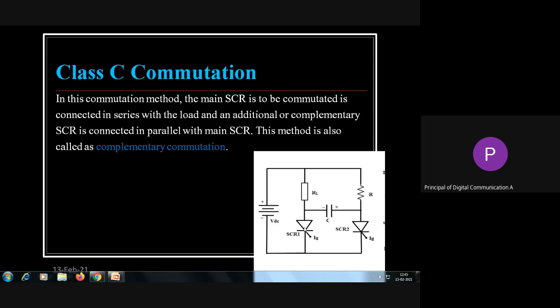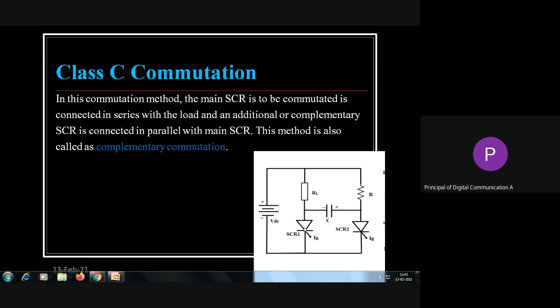But for that, in this method, with the help of SCR2, one more SCR they have added over here. So definitely after the SCR1, SCR2 also has to be made off. So like this only, it is the task for this class C commutation. So how it works? Definitely we will see step by step.